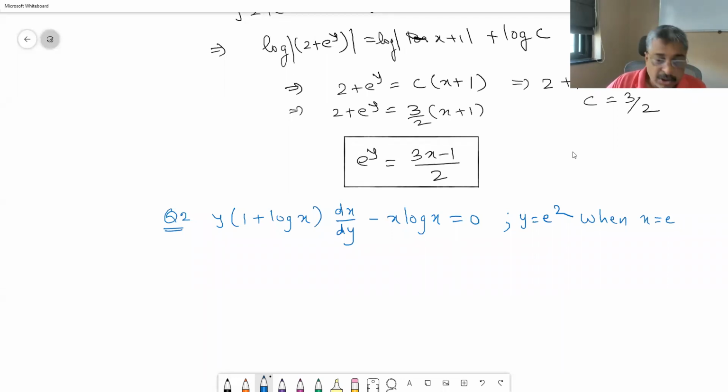Okay, answer for this question is y is equal to ex log x.